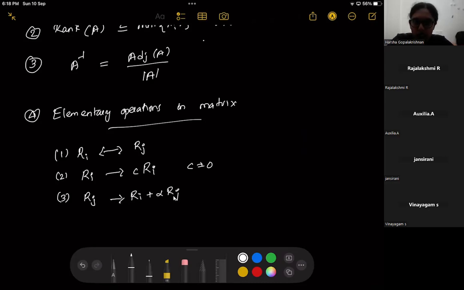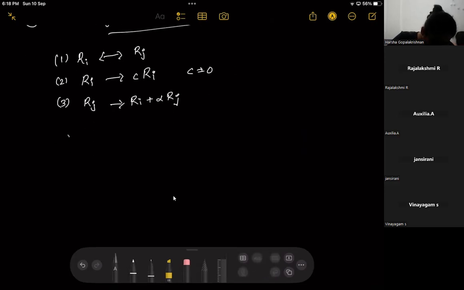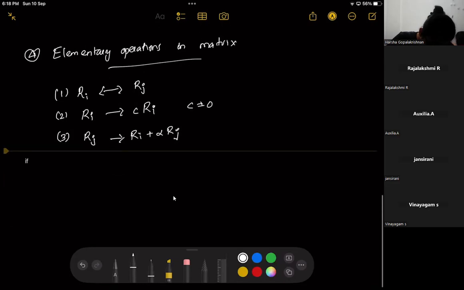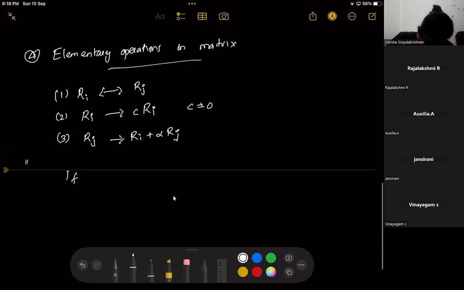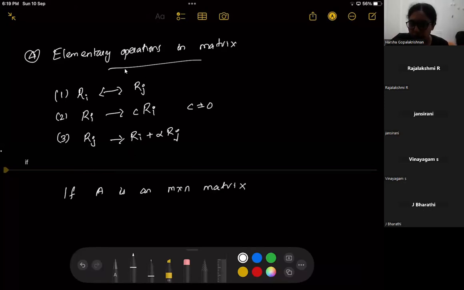The special thing about these elementary operations is, suppose A is an m by n matrix, and we are doing some kind of operations on it.